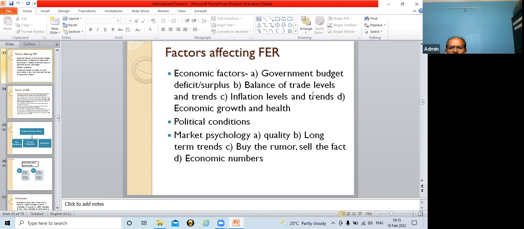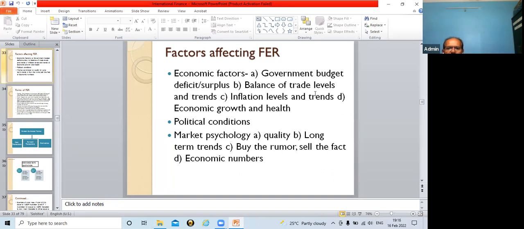Then balance of trade level, BOT, BOT level and trends. Trend means here you need to study at least the last 3 years of BOT reports, minimum 3 years. And if the BOT report is fluctuating, every time it is changing, then one can assume that the trends are not stable.